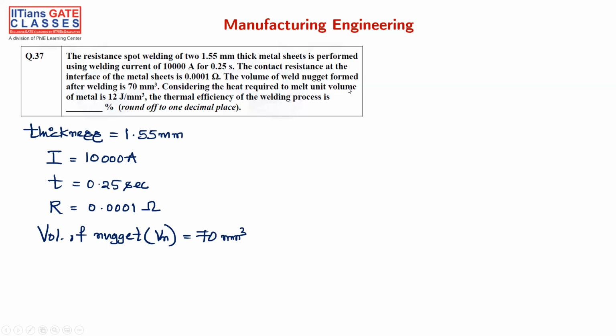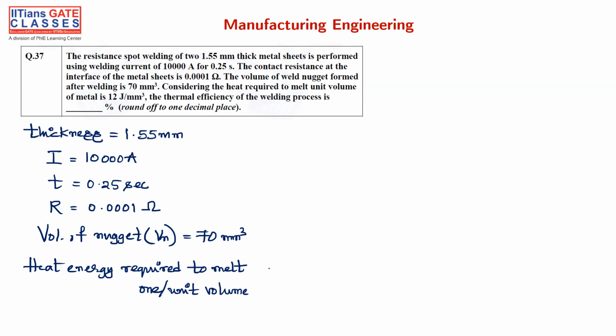Considering the heat required to melt unit volume, he's asking for melting unit volume, what is the heat required? So let's write heat energy required to melt 1 or unit volume.